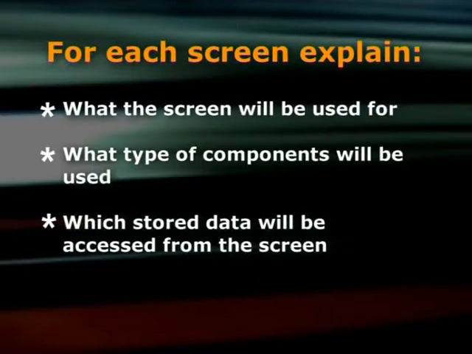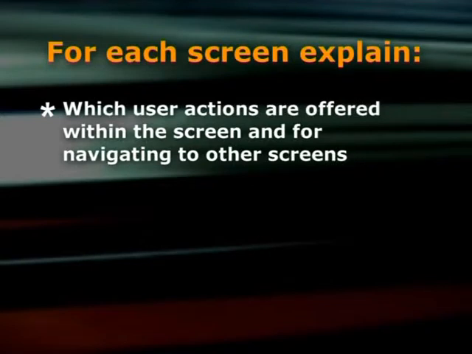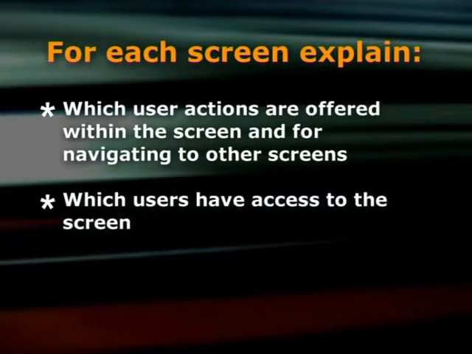In other words, data stored in objects in RAM, the database, and text files. You have to explain which user actions are offered within the screen and for navigating to other screens, and which users have access to the screen. Illustrate the design or layout of each of the screens you have shown on the flowcharts.